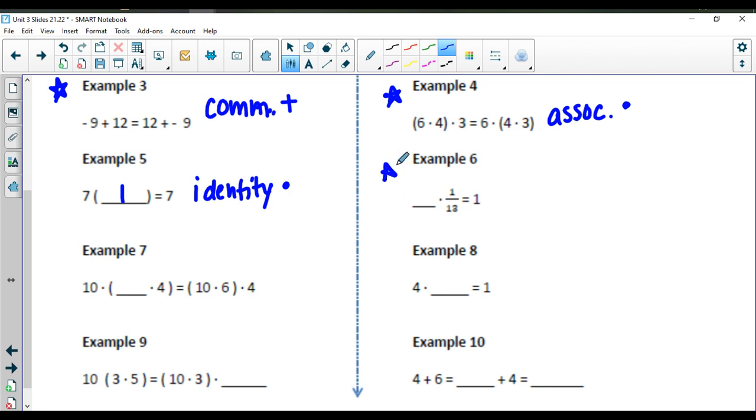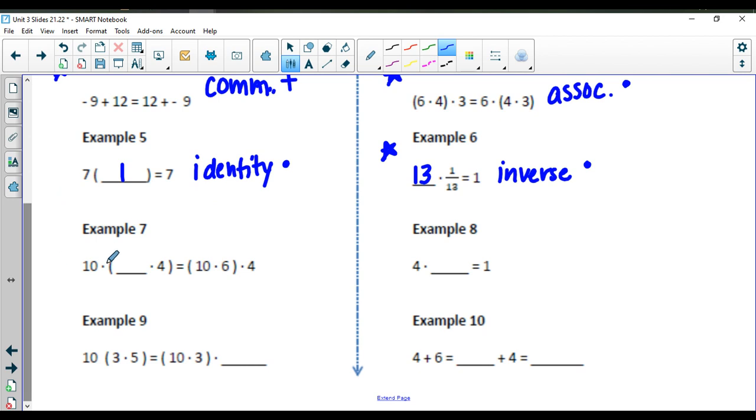Example number 6, you might need to flip back for this one. We take something, we multiply it by 1/13, and we end up with 1. So what property allows us to end up with 1, and what are we going to fill in here? So the property that allows us to end up with 1 is the inverse property, and we used multiplication here. So it meant that we multiplied by our reciprocal, which is going to be 13.